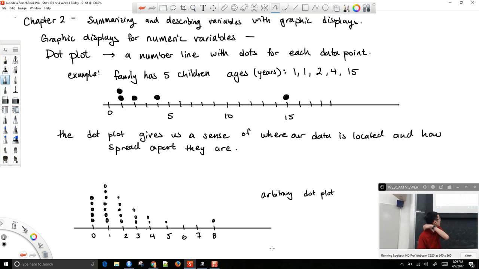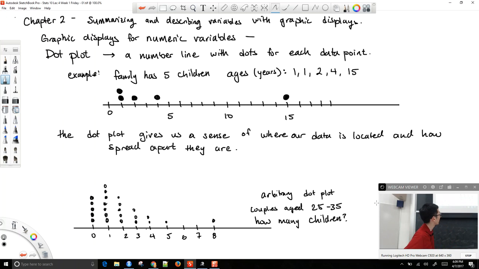Maybe we ask several couples aged 25 to 35, how many children do you have?